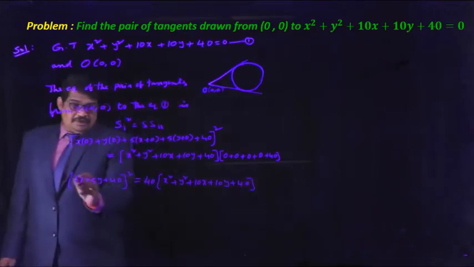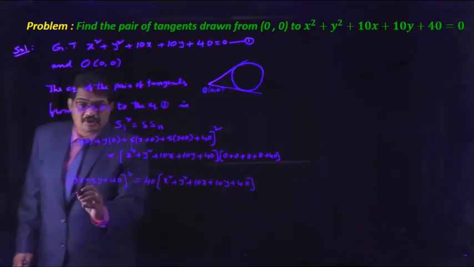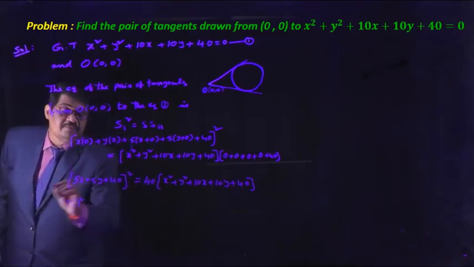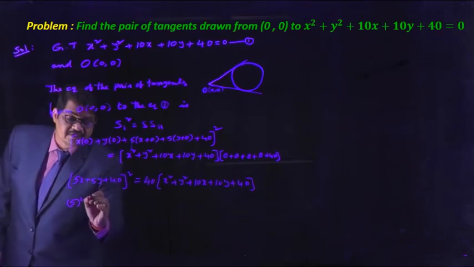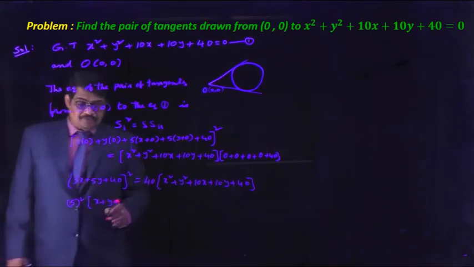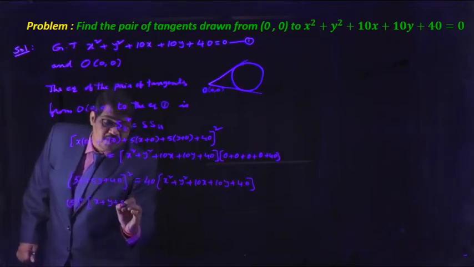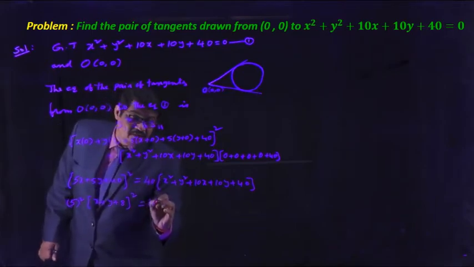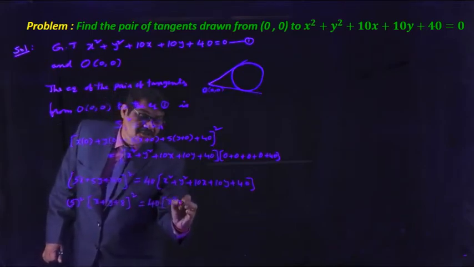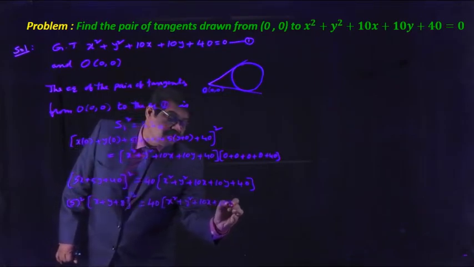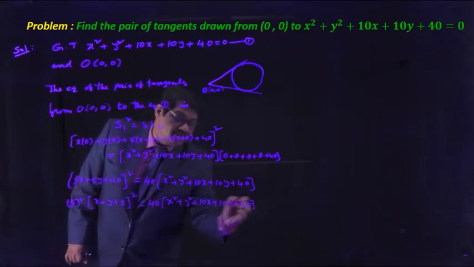Now in LHS, 5 will be common, so that is 5 square. The 5 will be common, whole square, that is 5 square into (x plus y plus 8) whole square, since 5 eights are 40, is equal to 40 into the circle x square plus y square plus 10x plus 10y plus 40.